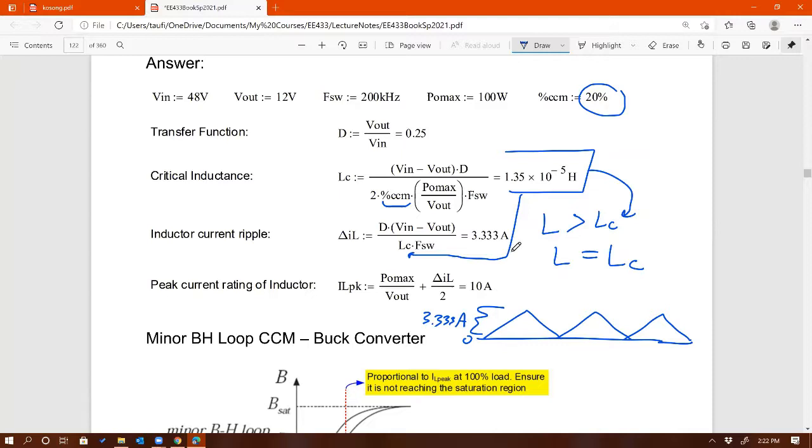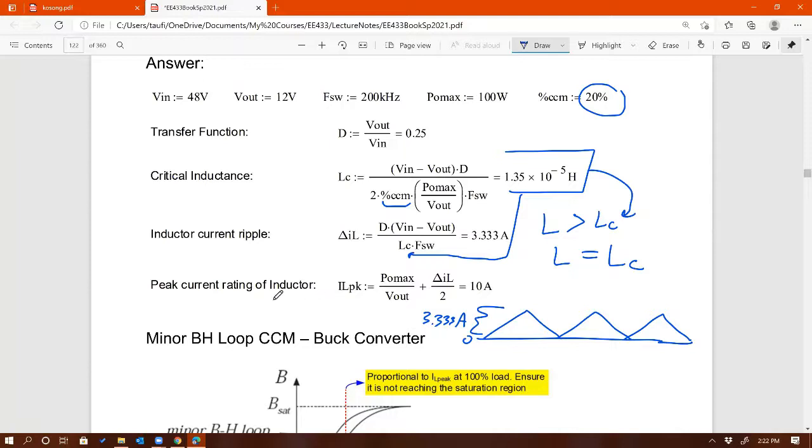So make sure that you understand the physical implication of what these numbers are, not just for the sake of calculation and numbers, but understand what goes on, how this affects the operation in the circuit. So in this case, if you use this inductance value, L equals LC, then peak-to-peak inductor current will be 3.3 amps, right?